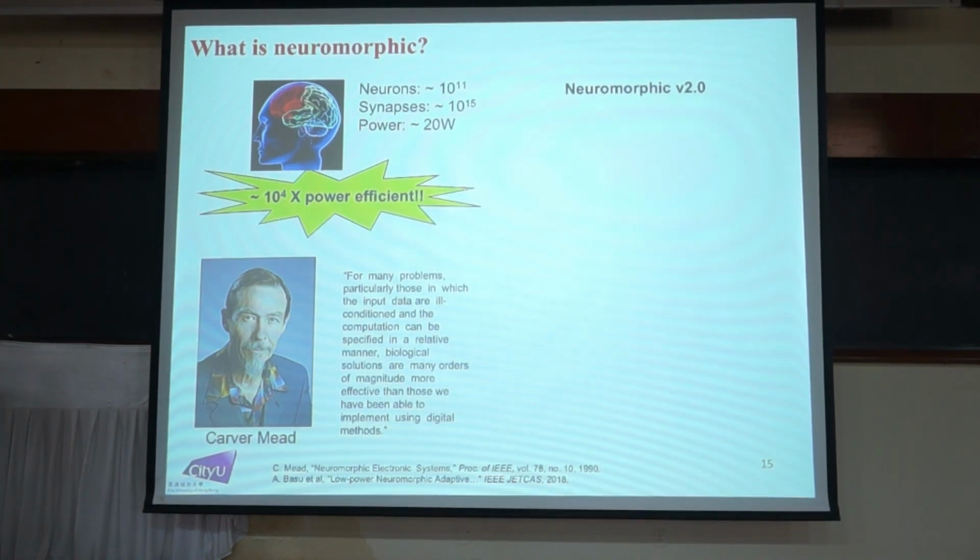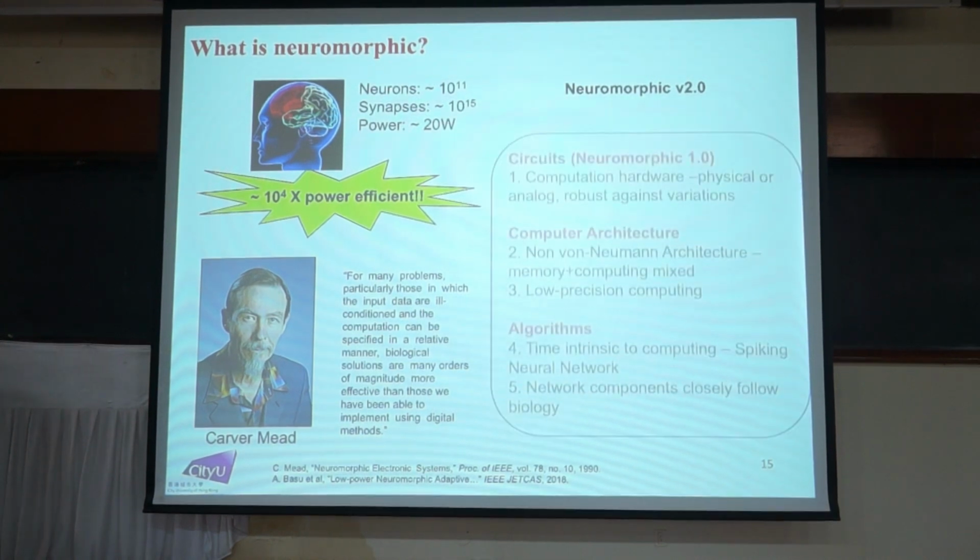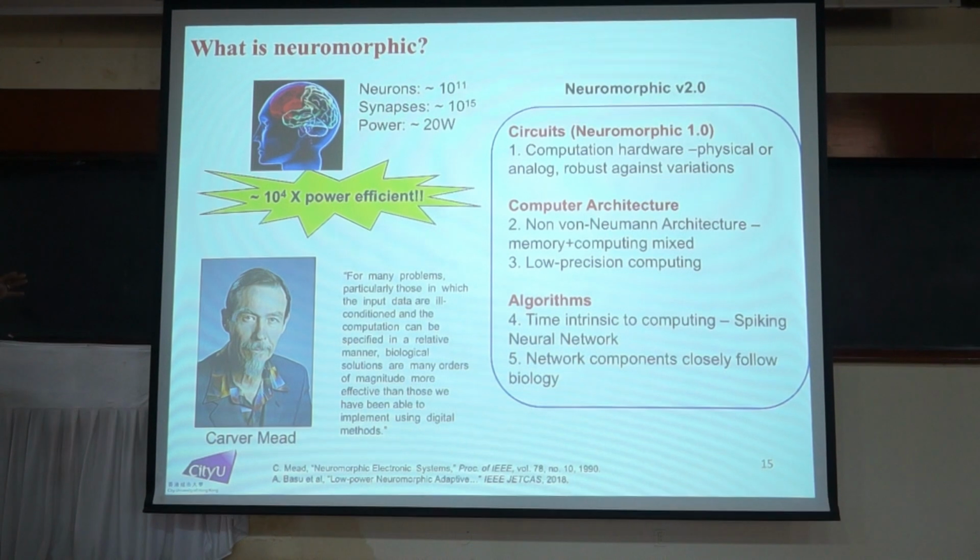So the hypothesis is if you can use these kind of analog or physical computing primitives, especially for these kind of pattern recognition or machine learning applications, you would potentially get orders of magnitude benefits in energy and area efficiencies. So that's really the original definition.